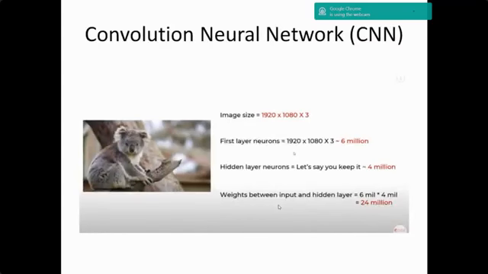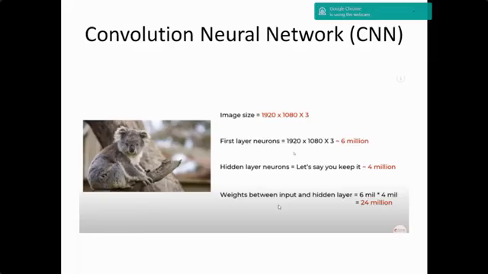So what is the problem with ANN, artificial neural network? ANN is good for solving simple classification problems like digit recognition. But as the image size increases, we need to do a lot of calculations if we use the ANN.